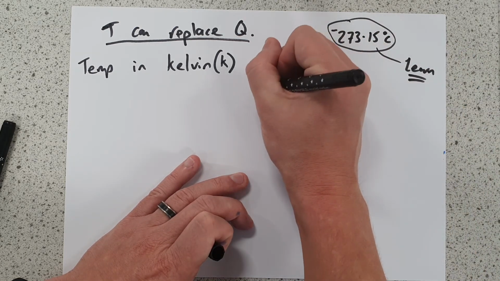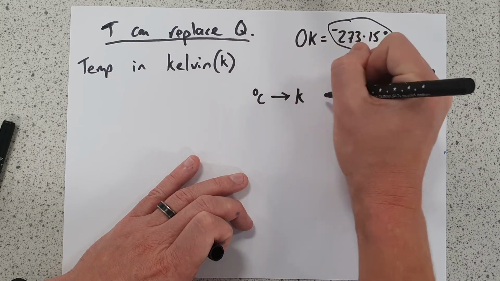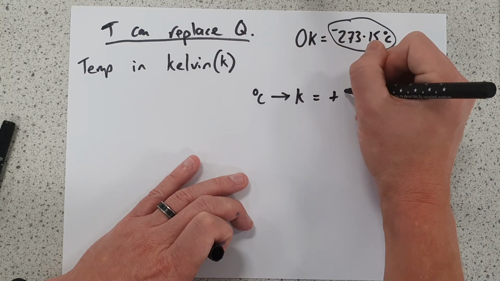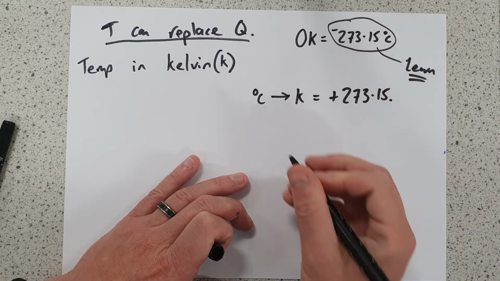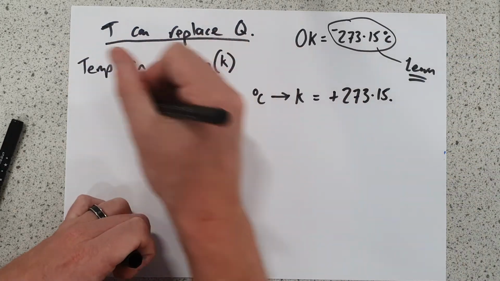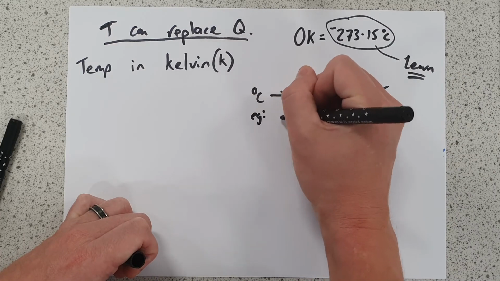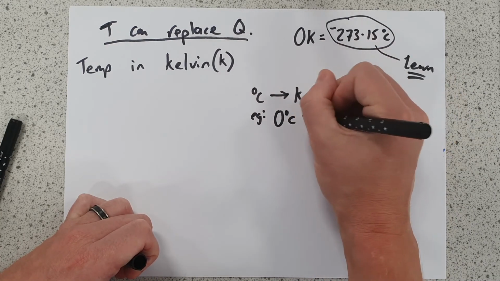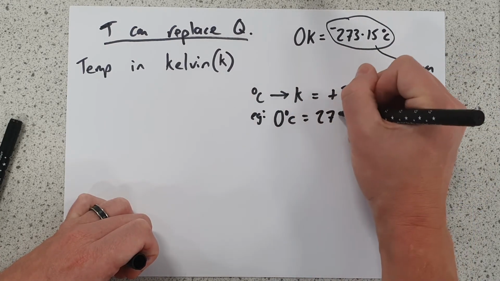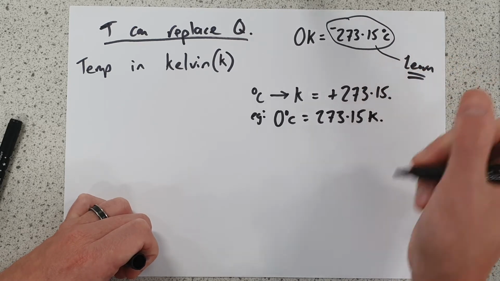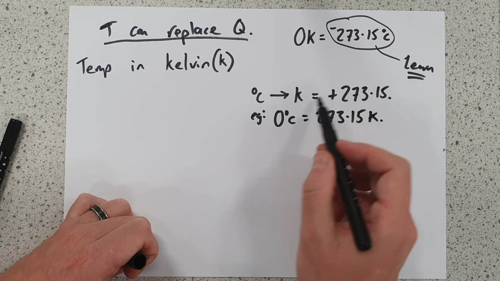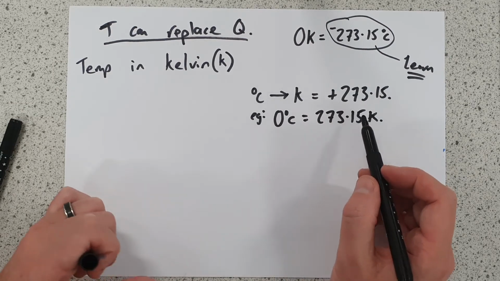Now, if we're going to convert degrees Celsius into Kelvin, we basically need to add 273.15. So the example here, 0 degrees Celsius will be 273.15 Kelvin. So you're just adding 273 onto that number there to get that figure.